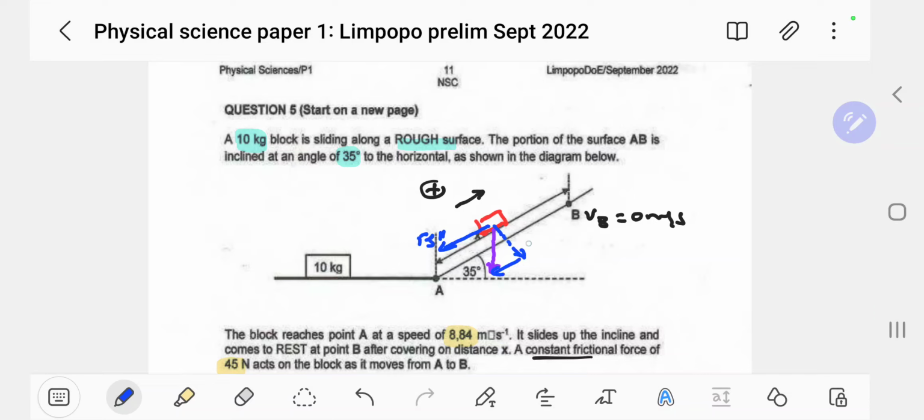So that is Fg perpendicular, and then that is Fg parallel. This angle comes here, that angle and that angle are the same.